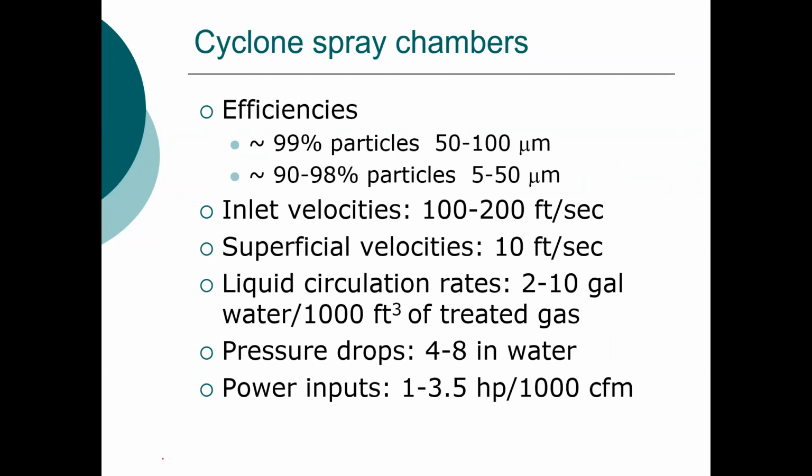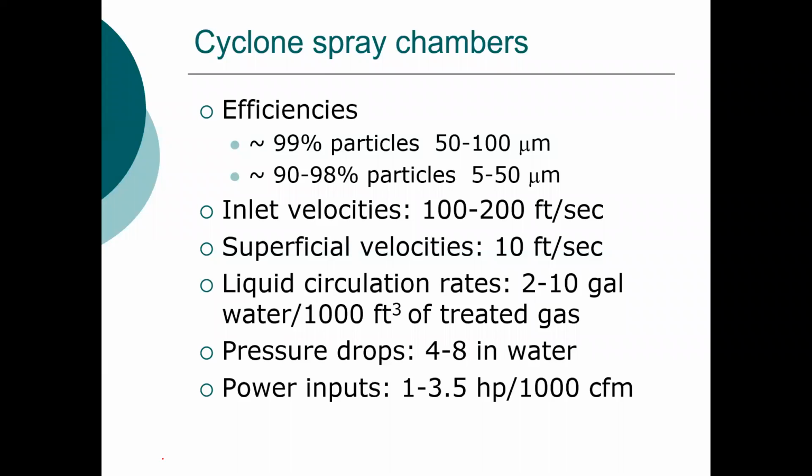Just giving you some typical characteristics of these in terms of their inlet velocity, quite high. Typically, you're looking at liquid circulations of about 2 to 10 gallons of water per 1,000 cubic feet of air treated.